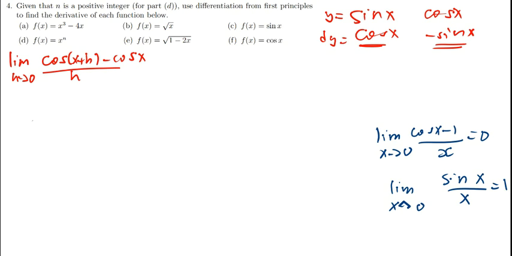One thing we need to be familiar with is this: if I have cos of x plus h, expanding this, cos is a bit stingy, so it's cos x cos h, but instead of plus, the sign is the opposite. It's going to be negative.